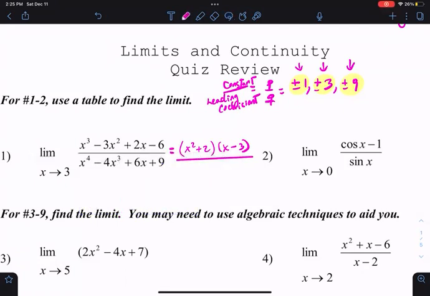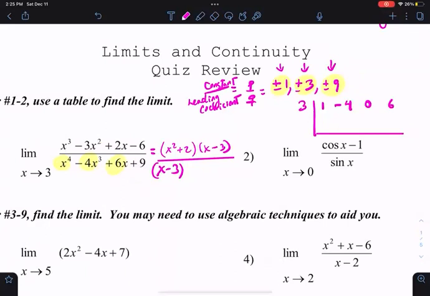So if 3 is a zero, that means this has a factor of x minus 3, and I need to use synthetic division to find out if I can simplify this further. So if I use 3, I take the coefficients of these numbers: 1, -4, there's no x squared term so I have to put a 0 here, and then 6, and 9.